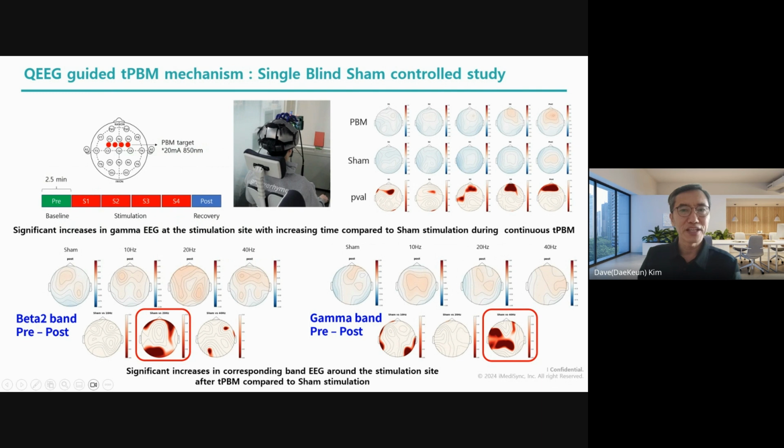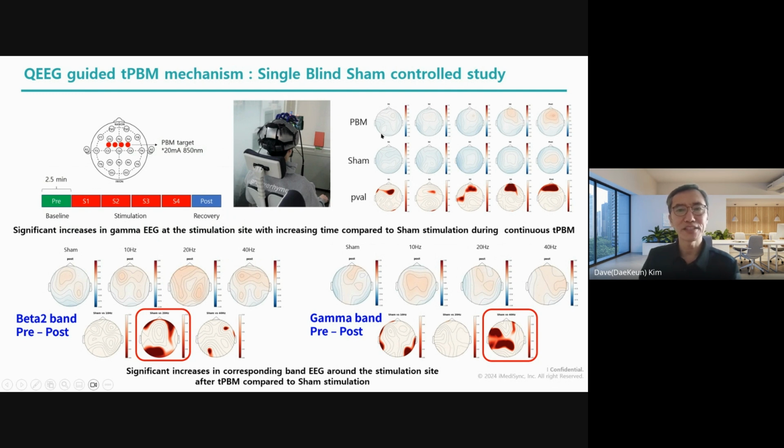So in this figure, you can see the photic LED stimulator using the same dose of our device. And then we stimulate in this red target area and compare the baseline and during the stimulation. After the recovery, we can continuously monitor before the stimulation, during the stimulation, and after.